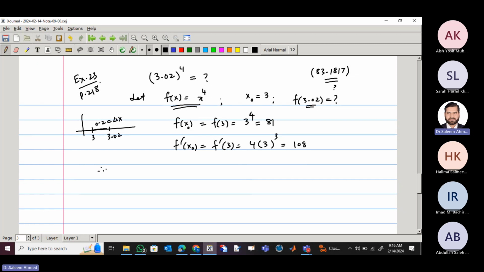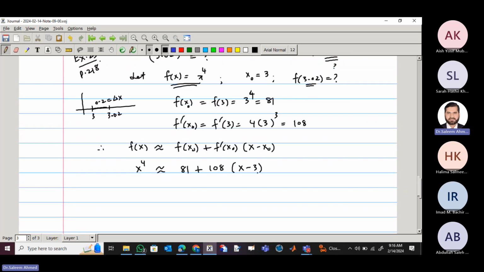Therefore f of x is approximately equal to f of x naught plus f prime of x naught times x minus x naught. So x to the power 4 is approximately 81 plus 108 times x minus 3. This is my local linear approximation.